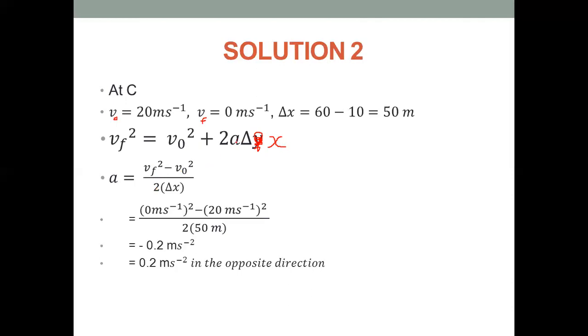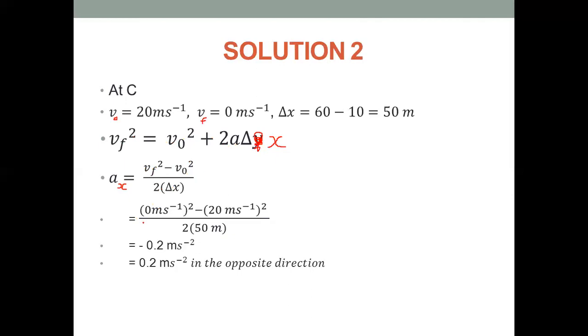We make a the subject of the formula because we're looking for a. We can even write this as a_x since it is horizontal acceleration. We take the initial velocity term to the other side and it becomes negative, then divide both sides by 2 delta x.